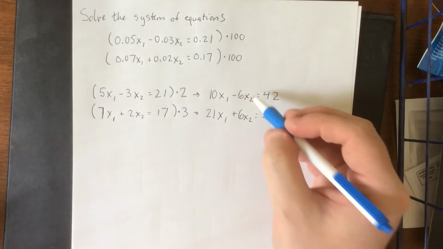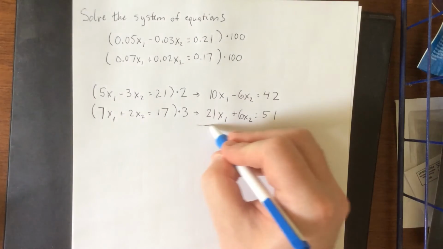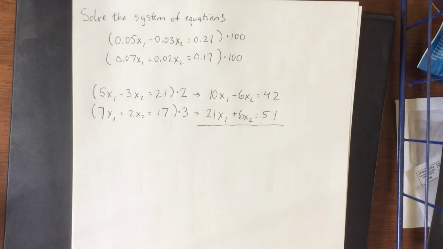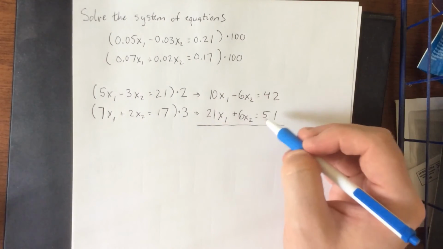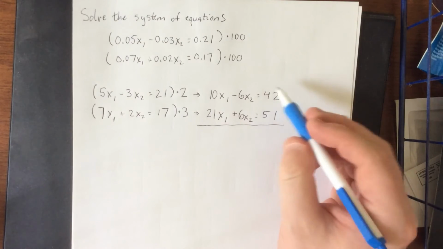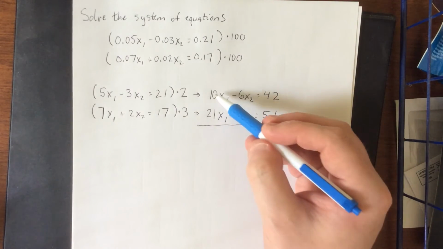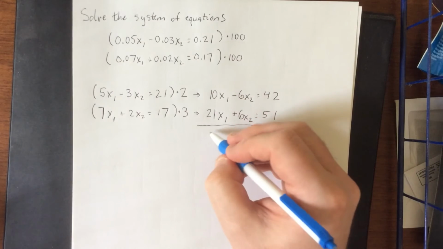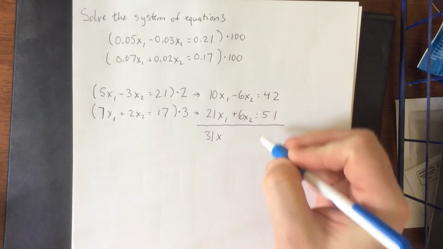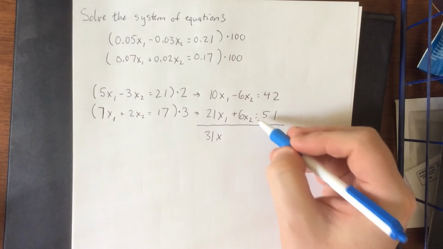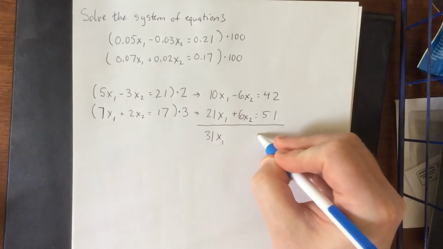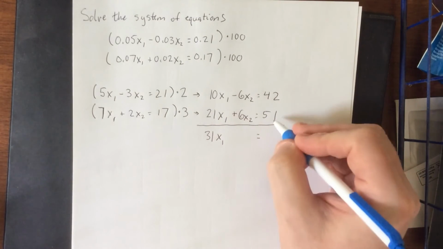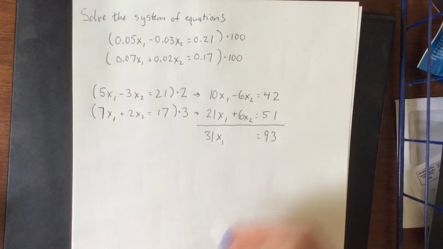At this point, because the coefficients of x2 are equal in magnitude and opposite in sign, we can add these two equations together. 10x1 plus 21x1 will give us 31x1. Negative 6x2 plus 6x2 will cancel out, leaving 0. And 42 plus 51 is 93.